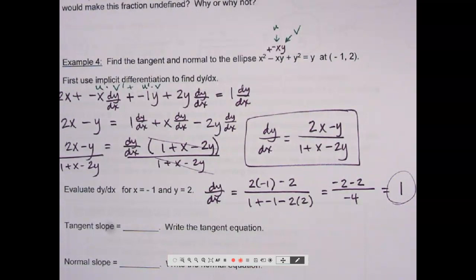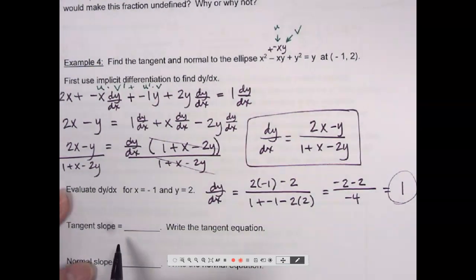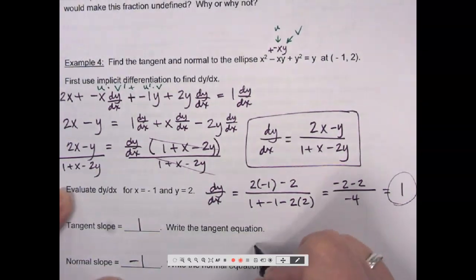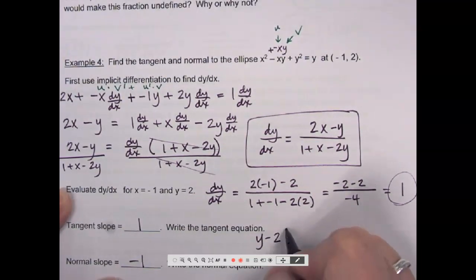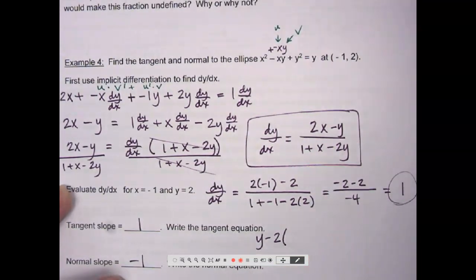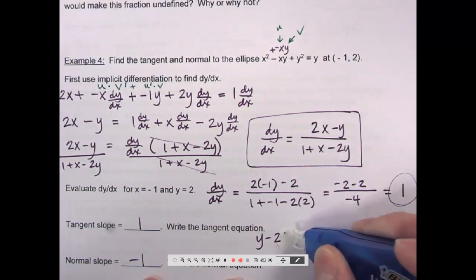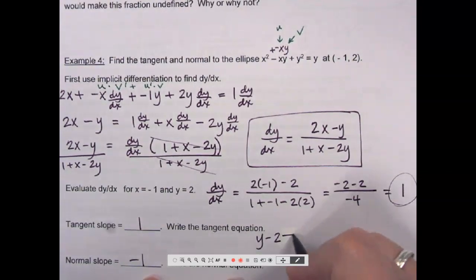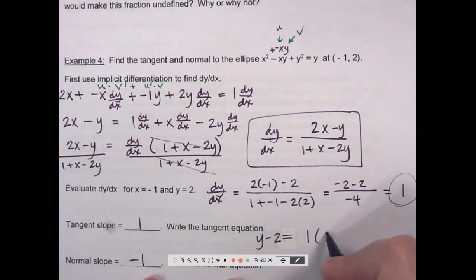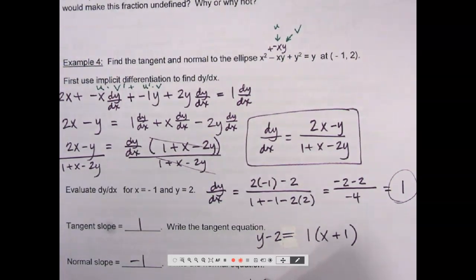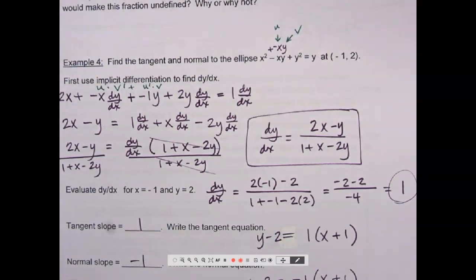So the tangent slope is 1. What is the normal slope? -1. So the tangent line is y minus 2 equals 1 times x plus 1, and the normal line is y minus 2 equals -1 times x plus 1.